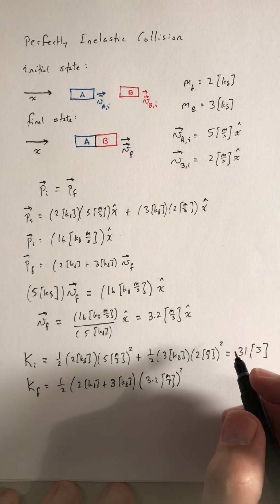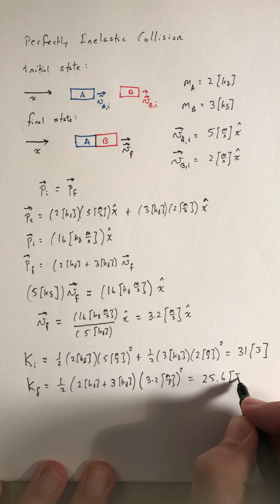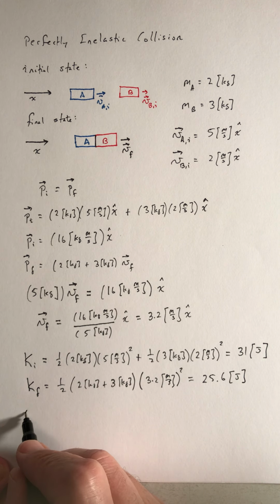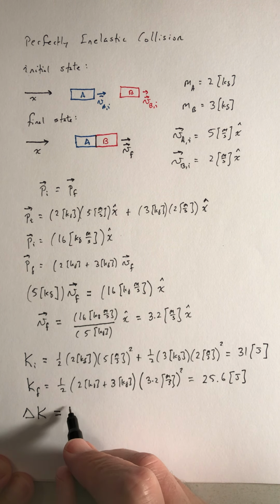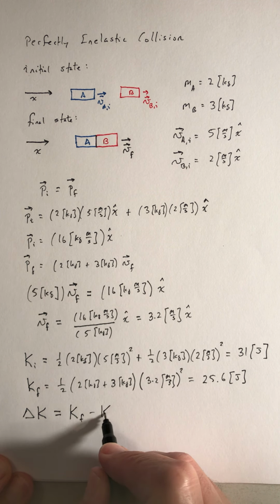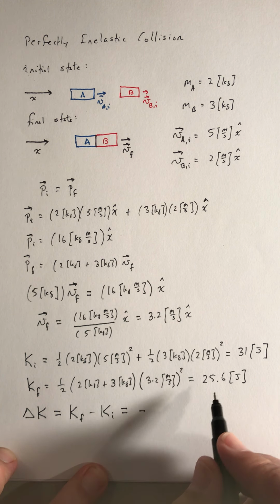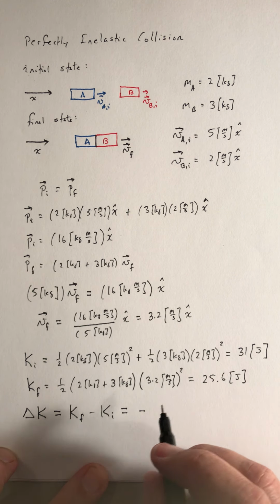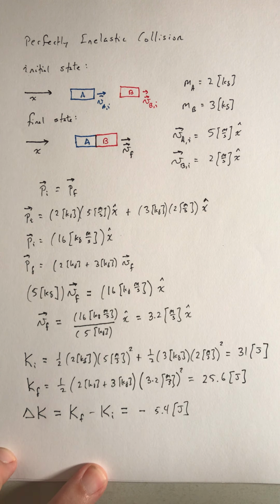You just square that, and that's going to be 25.6 joules. So the change in kinetic energy is not zero. K final minus K initial is going to equal 25.6 minus 31, going to give me minus 5.4 joules.